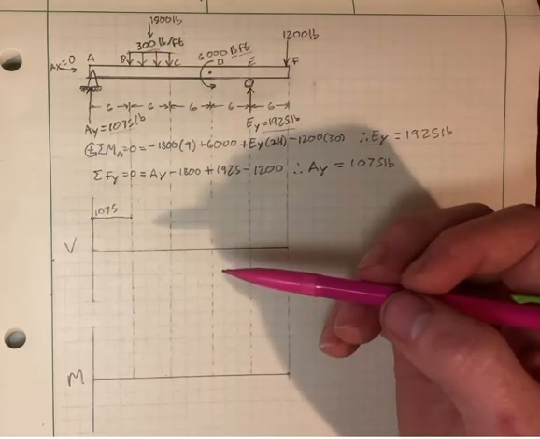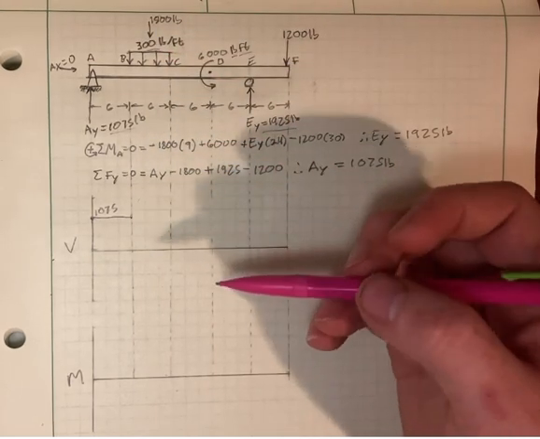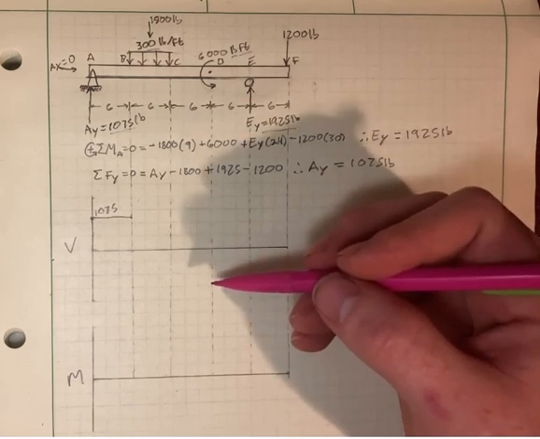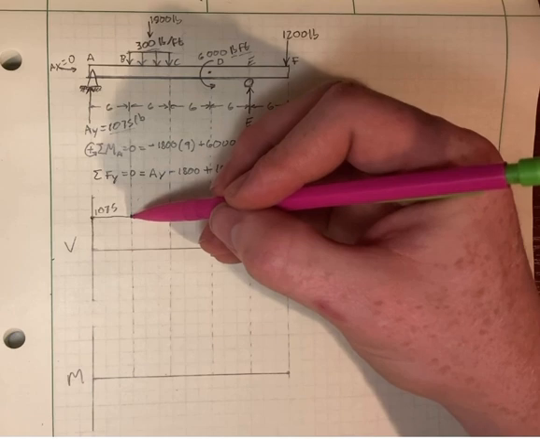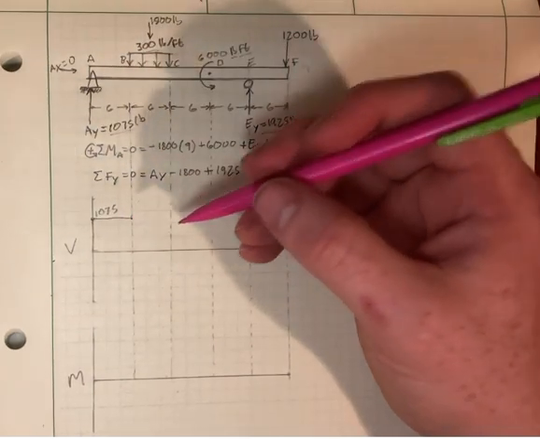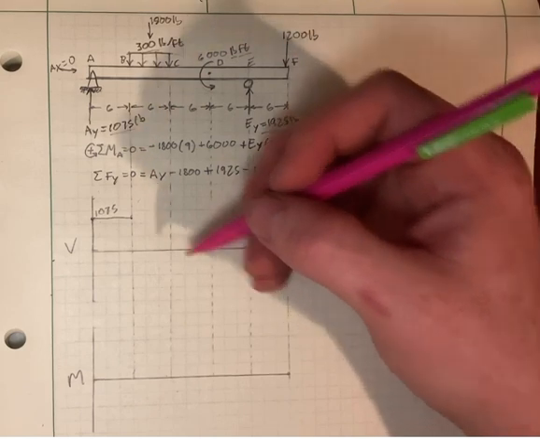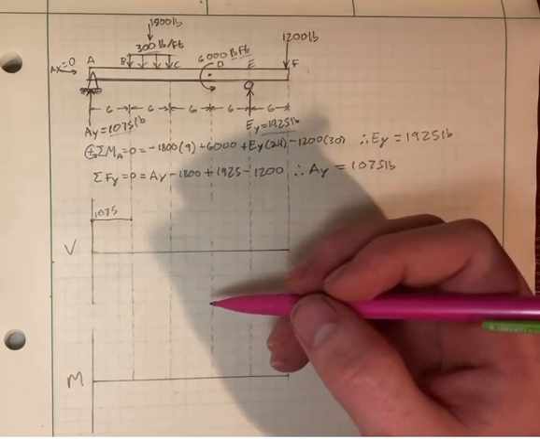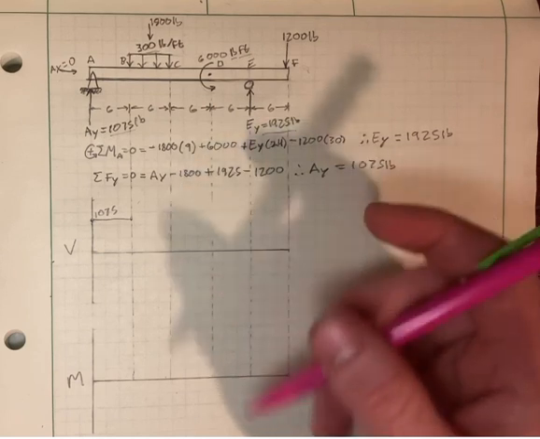Because this is constant, and it's the integral of a constant. So we're gonna do a linear line that goes down, because this is negative. It's negative force, so it's gonna make negative shear. It's gonna go downwards. The question is how much, right?